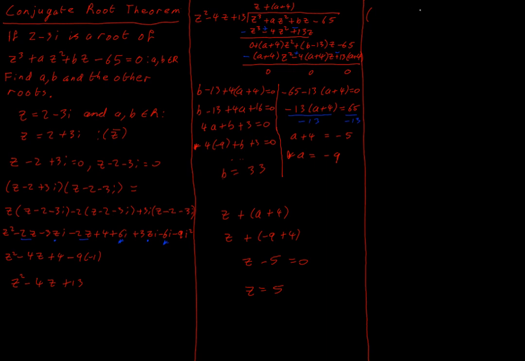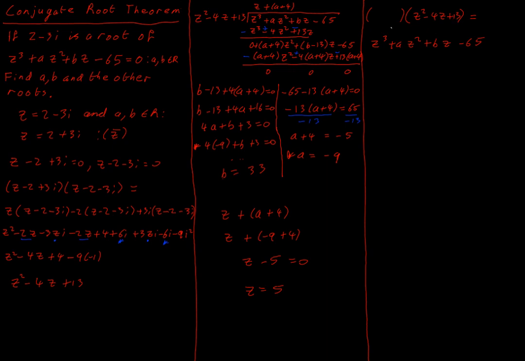So we have some linear factor multiplied by our squared factor must give us our cubic, z cubed plus az squared plus bz minus 65. So this must equal this.